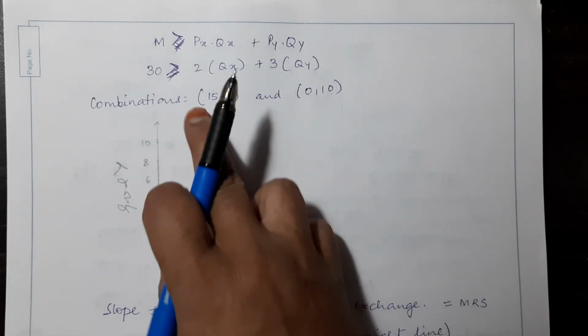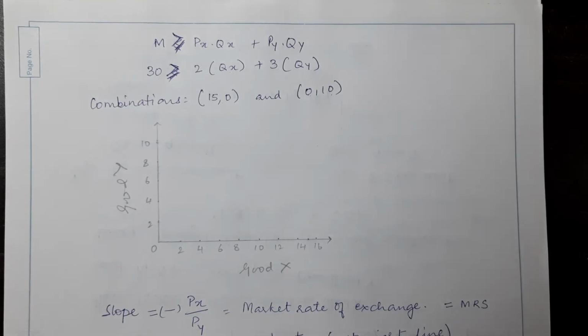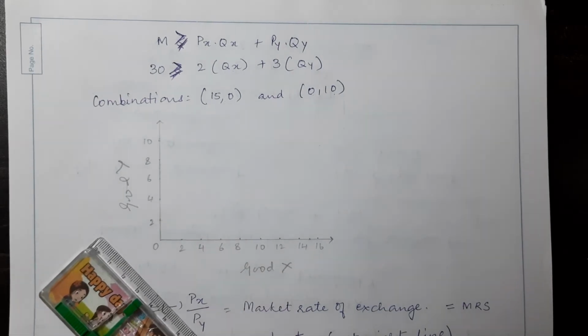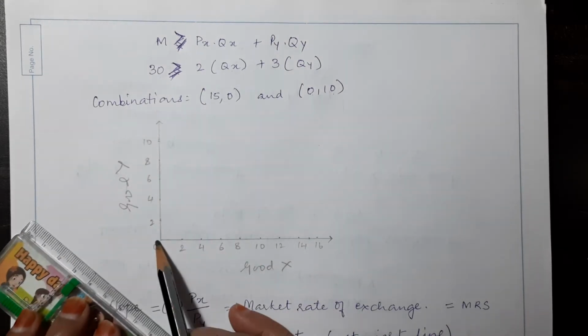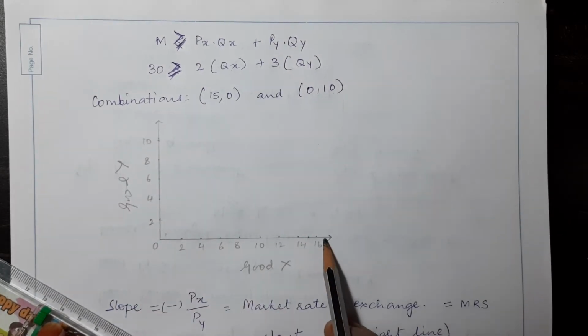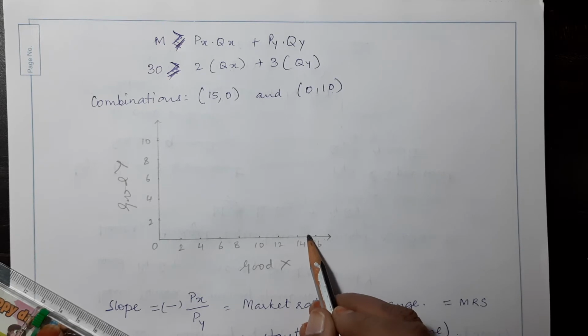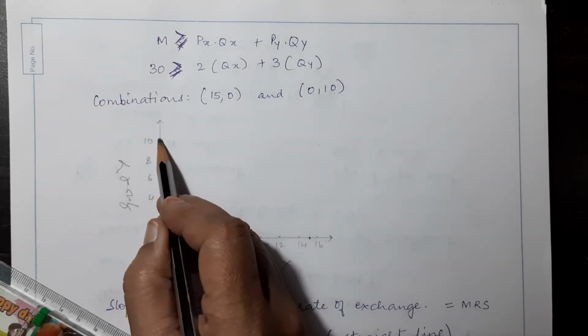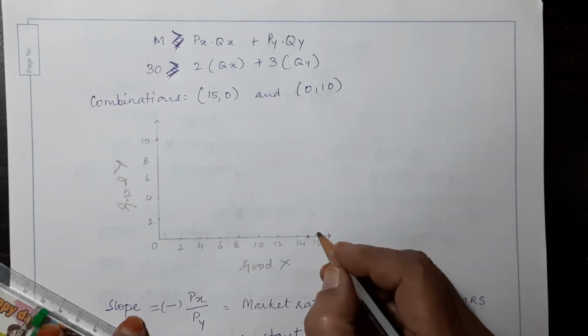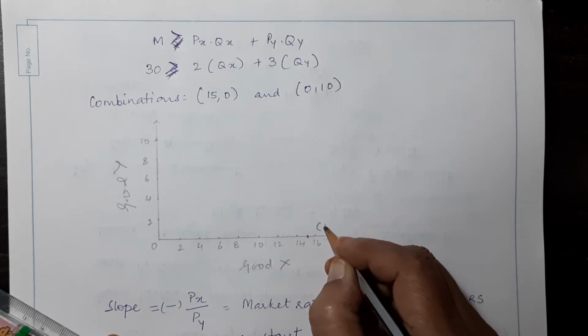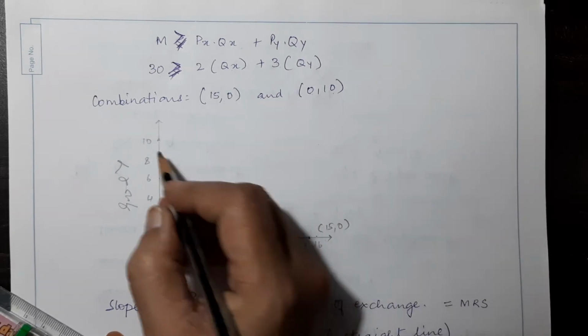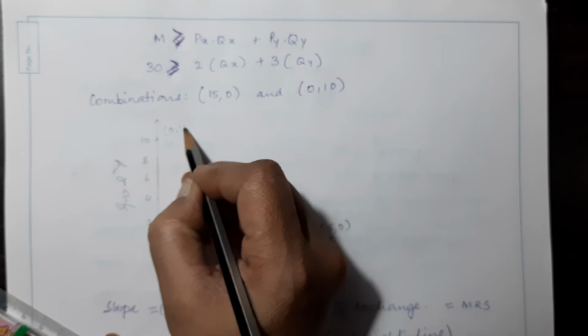So plotting these extreme values of X and Y, we get the budget line. Here is good Y and here is good X. So 15 units of good X and 10 units of good Y on the extremes. So this becomes 15, 0 and here we have 0, 10.